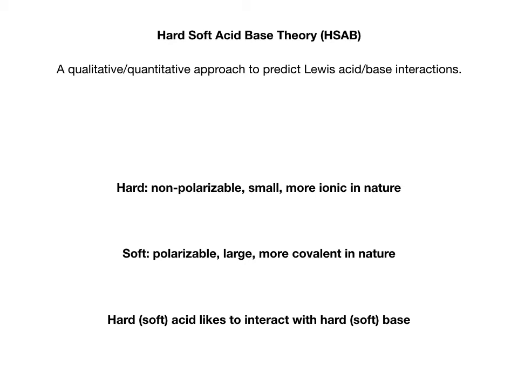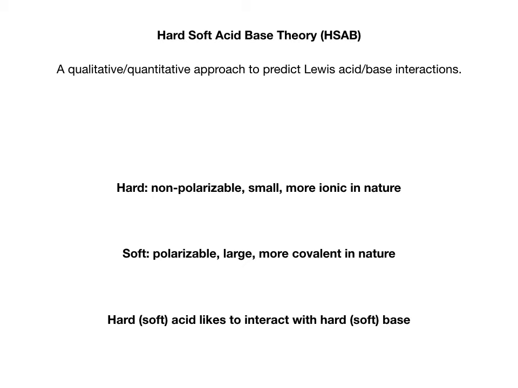We categorize Lewis acids and bases into 2 kinds, hard and soft. A hard Lewis acid or base are those molecules or ions that are less polarizable. They're typically small, and they are more ionic in nature in terms of their interaction with other species.